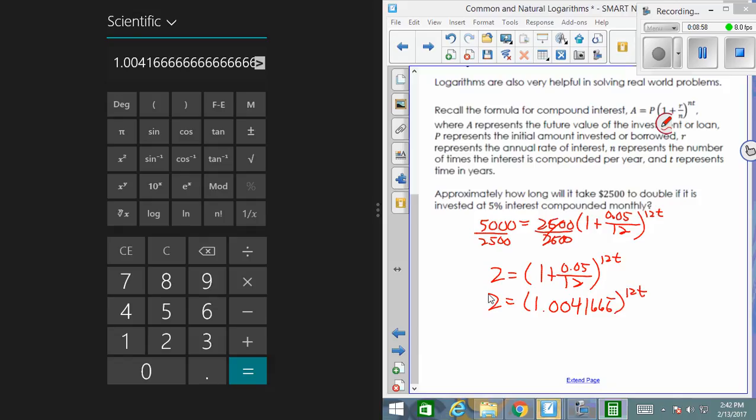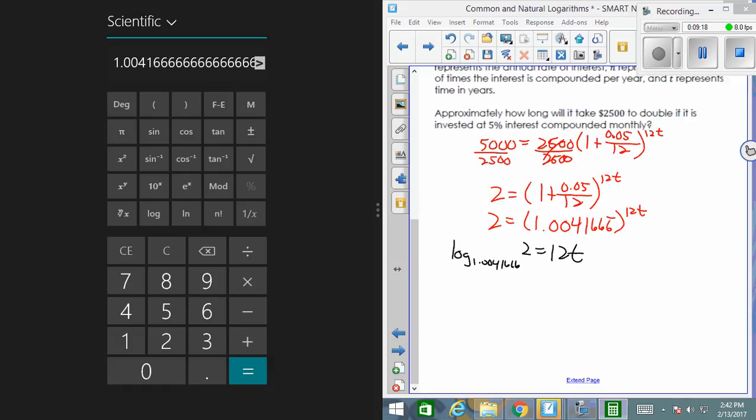Okay, we're going to convert this, so it's really saying it's the log of that number. So 12t is equal to, we're going to change the base, so it's going to be log of 2 divided by the log of that number.